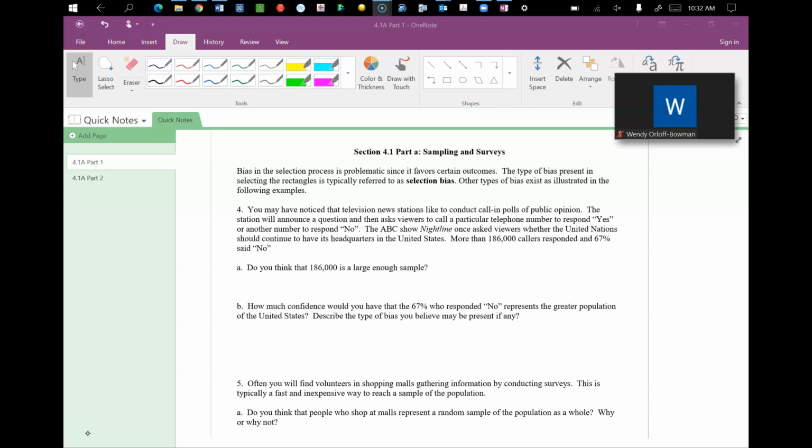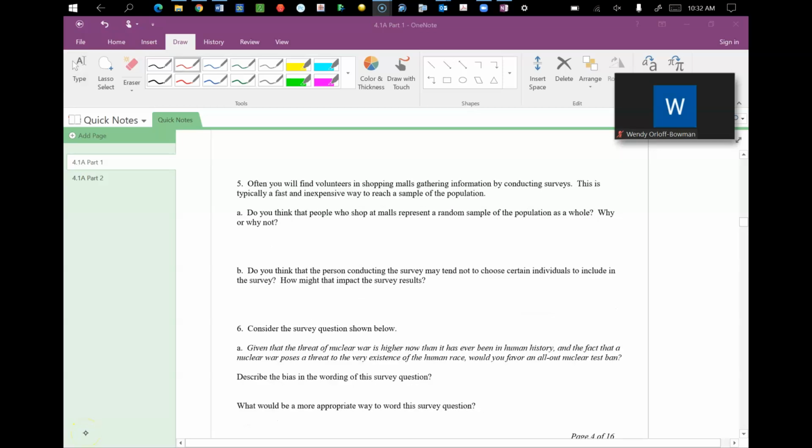This is often called a voluntary response, which leads to a voluntary response bias. And in that case, usually what happens is you get data that skews one direction or the other because it tends to only be people with very strong opinions about the situation.